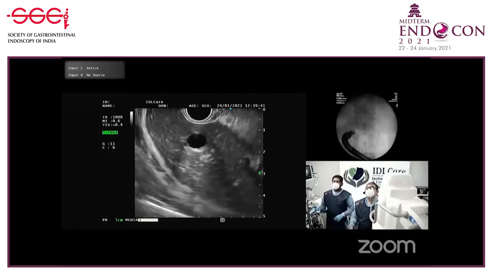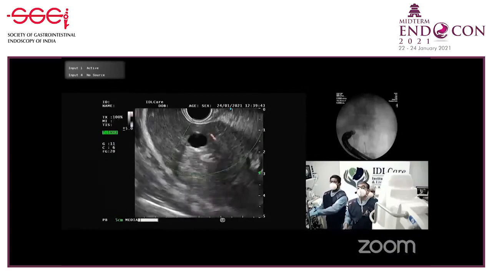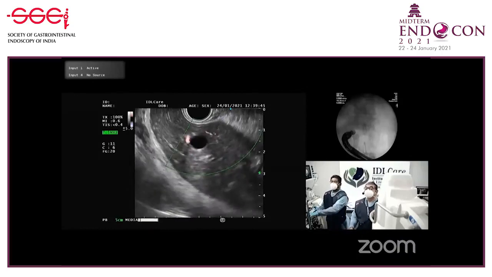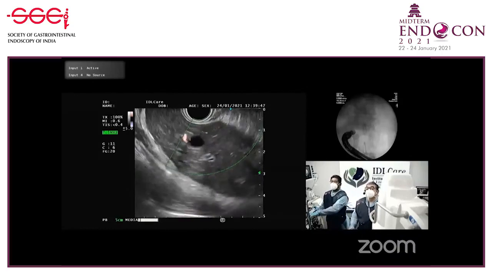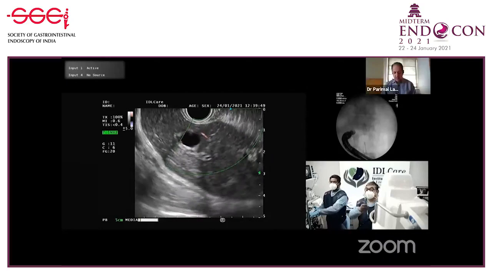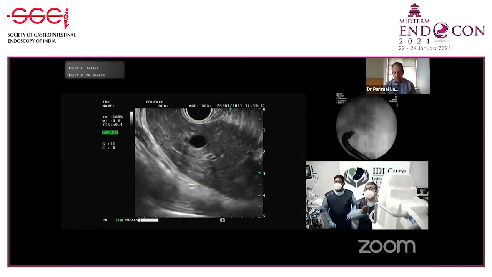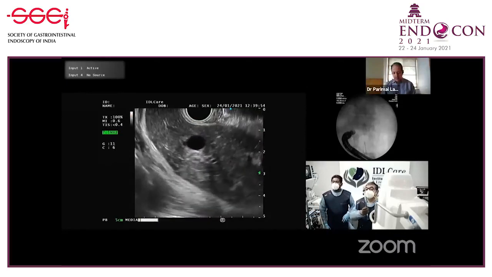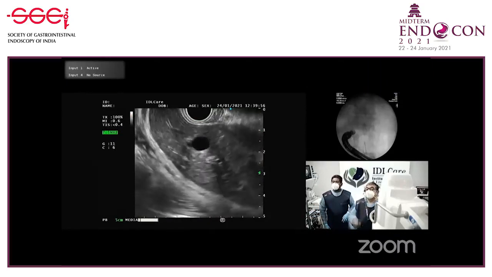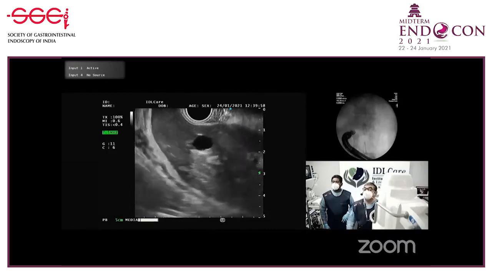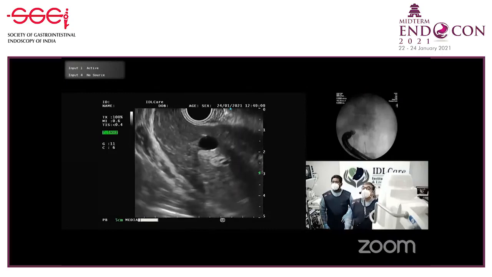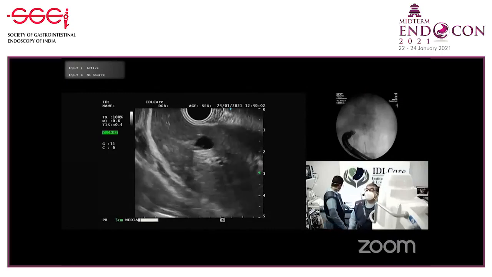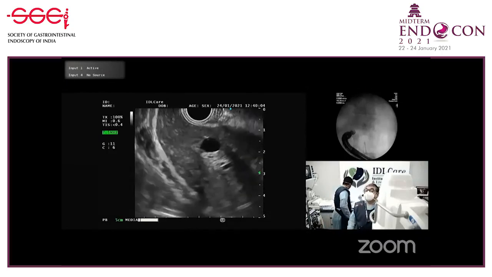Doppler. Small things matter. The position, the safety, whether you are going through too many vessels.